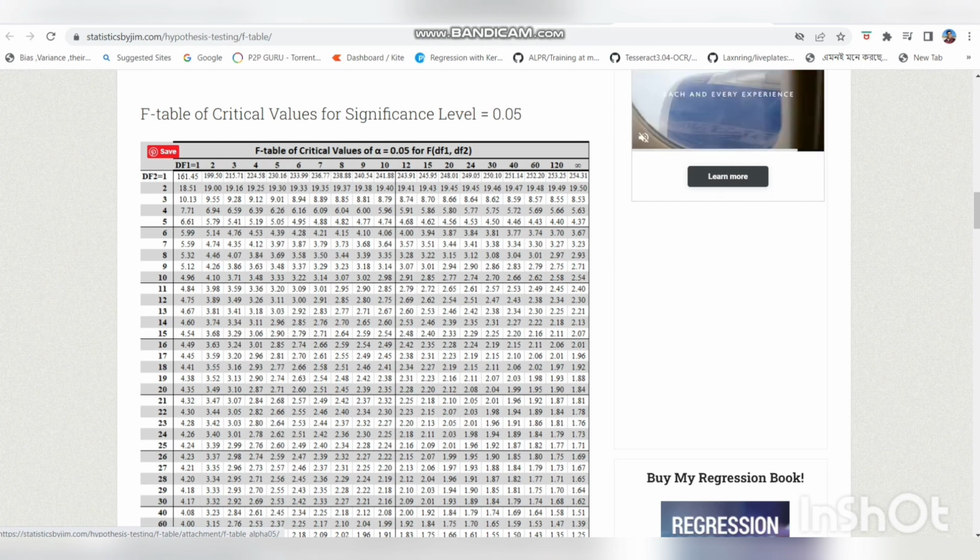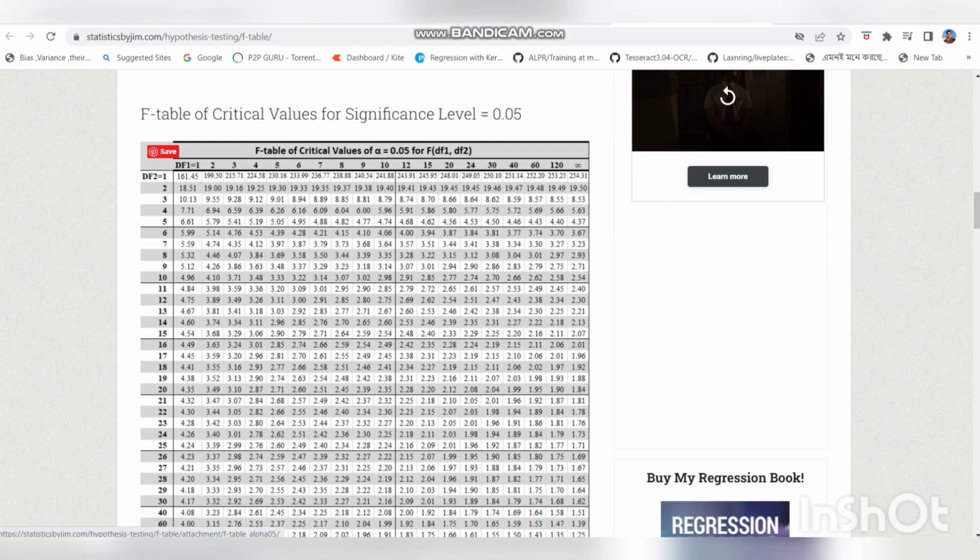On top, as we go from left to right, that is the degree of freedom amongst groups. In our case, it is 2. Whereas as we go down, we see the degree of freedom within groups. In our case, the degree of freedom within group is 9. The N minus K, that is 12 minus 3, is 9.